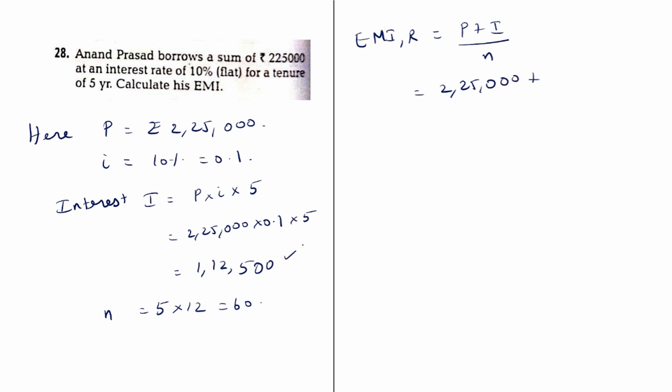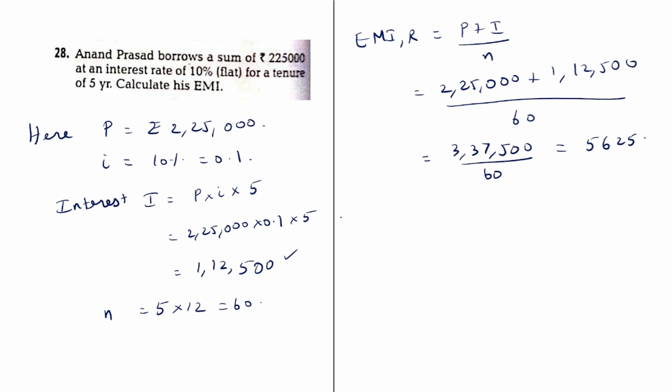I we just now calculated, it is 1,12,500, upon n is 60. So this is 3,37,500 upon 60, or it is equal to 5,625. Therefore, EMI equal to rupees 5,625. So this is the EMI.